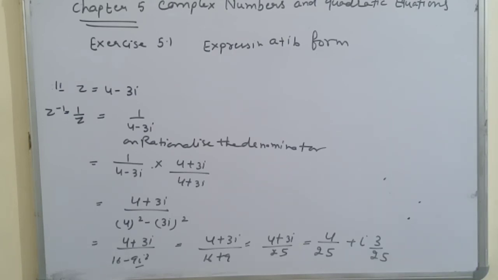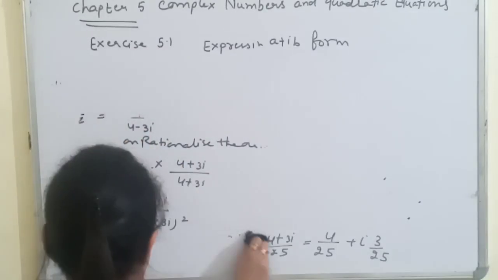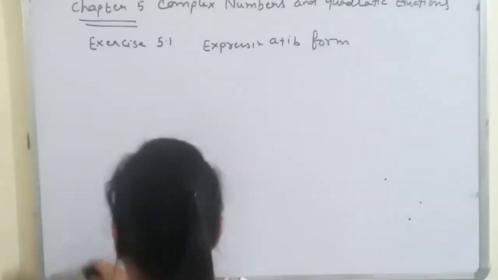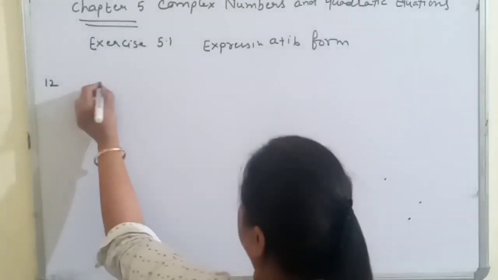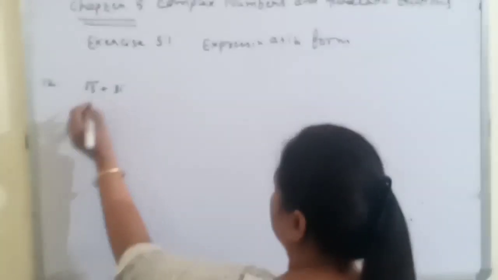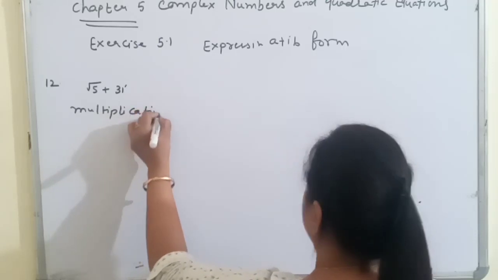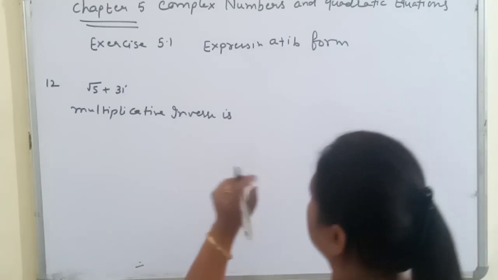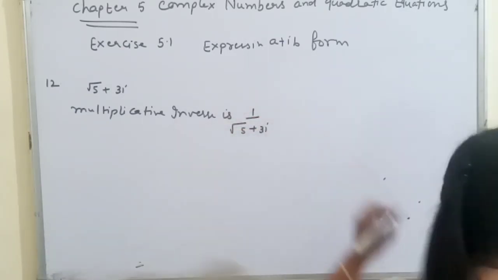In the next problem we have to solve root 5 plus 3 iota into the complex form. Its multiplicative inverse is 1 by root 5 plus 3 iota.